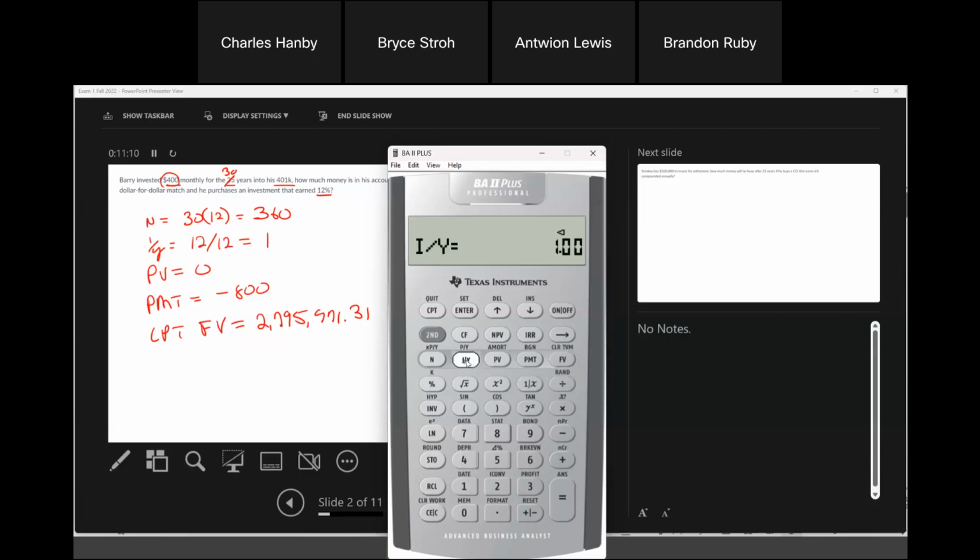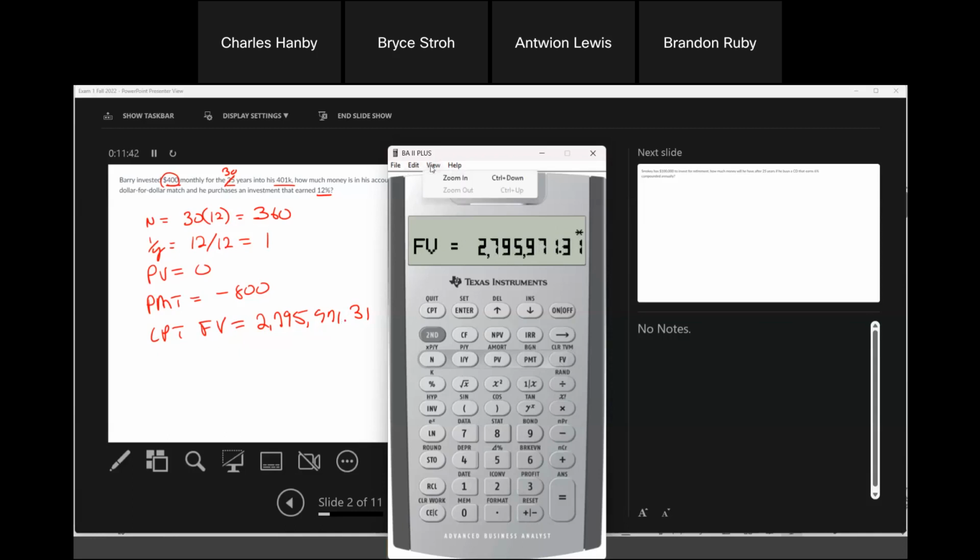That's 1, 0 PV, and then 800, and then we hit the plus minus. If we didn't hit the negative here, we'd still get the right answer, but it would come out as a negative. Then compute future value, and we get $2,795,971.31.